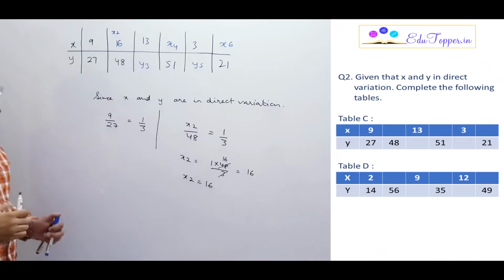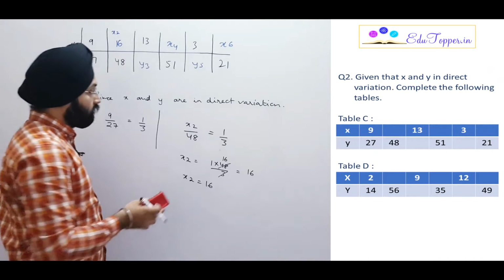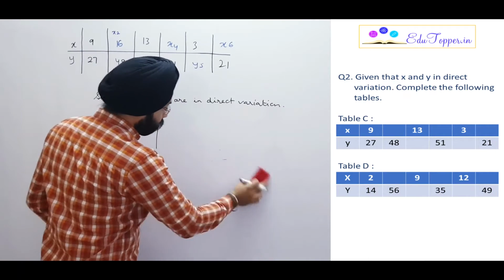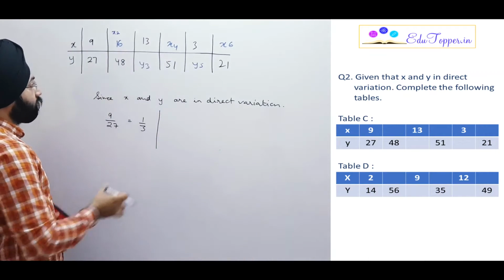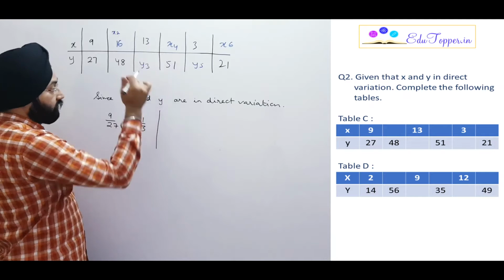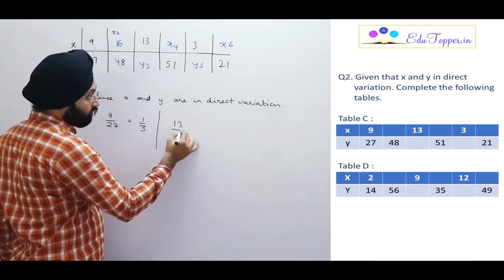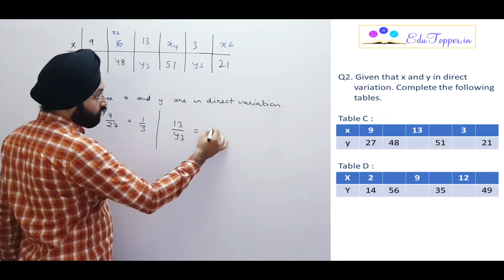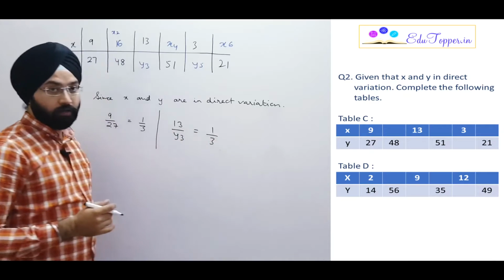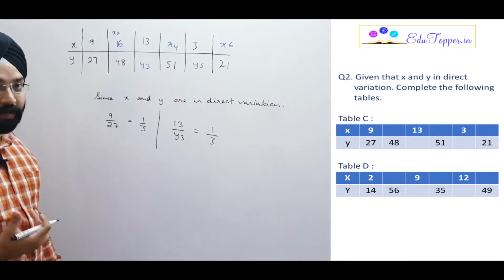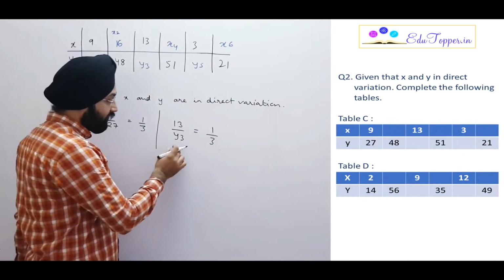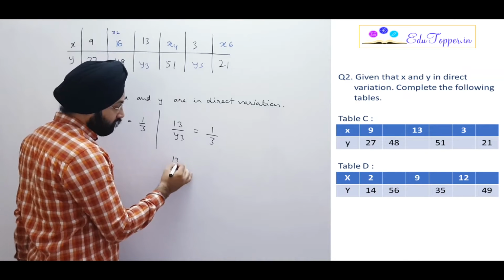Similarly, 13 by y3 should also be equal to 1 by 3 because x and y are in direct variation. So the value of y3 will be 13 into 3.